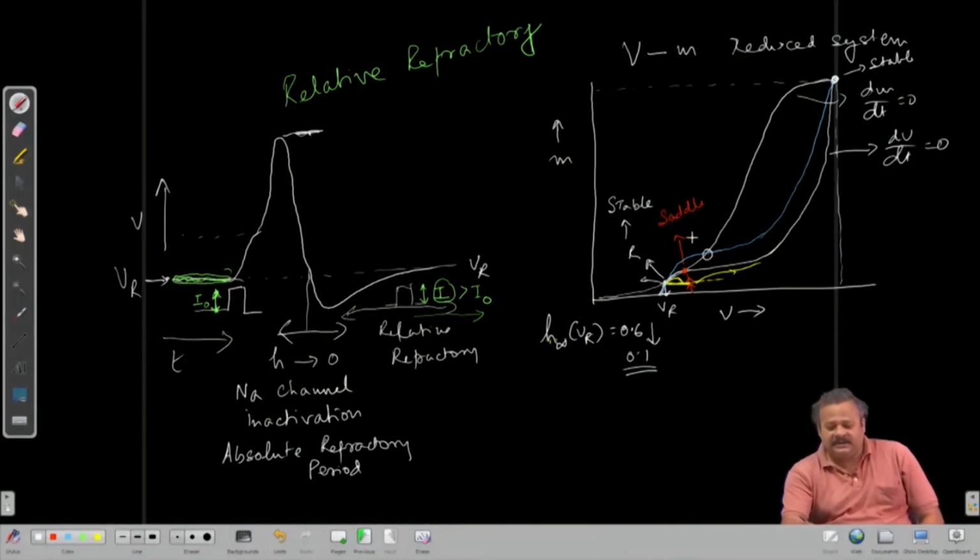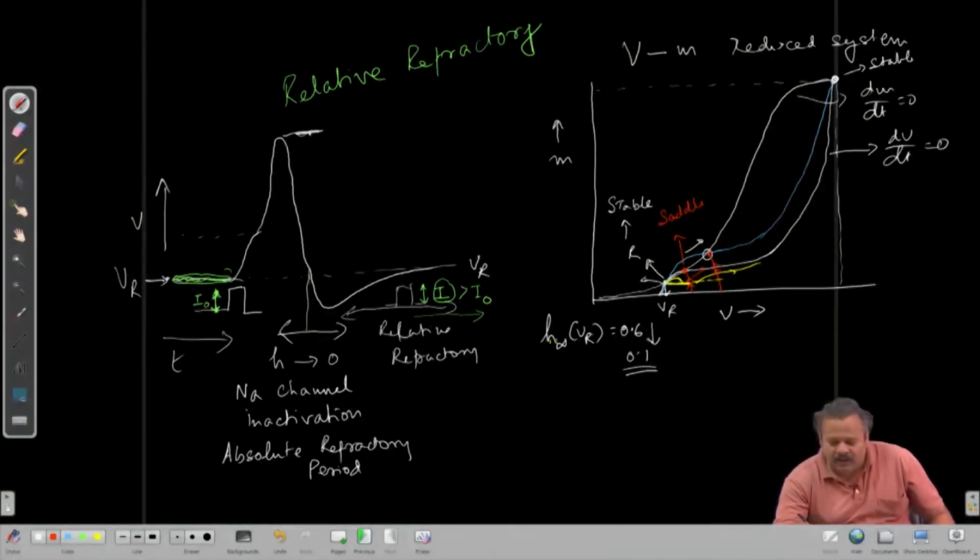As the saddle node gets shifted to a higher voltage, it also drags along with it the stable manifold to higher voltage values.